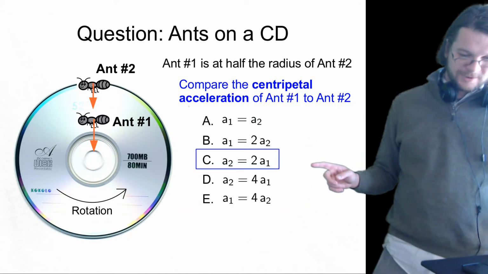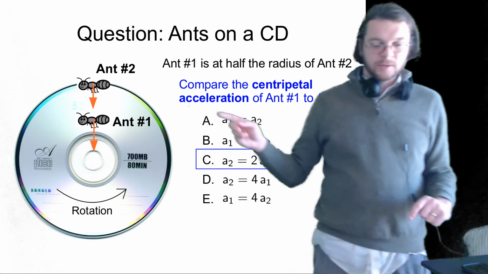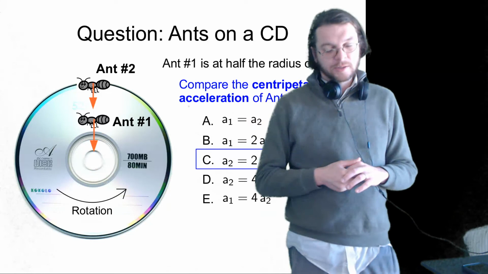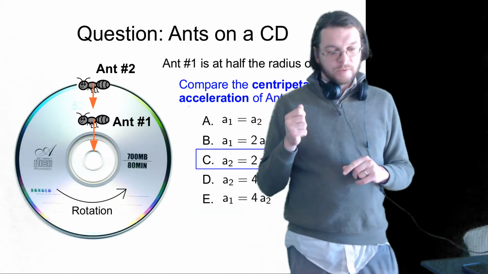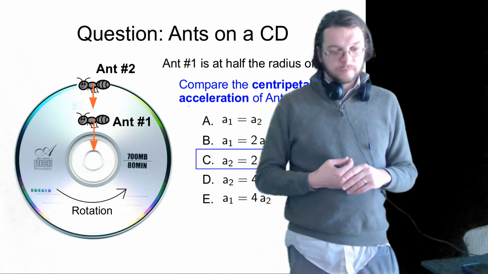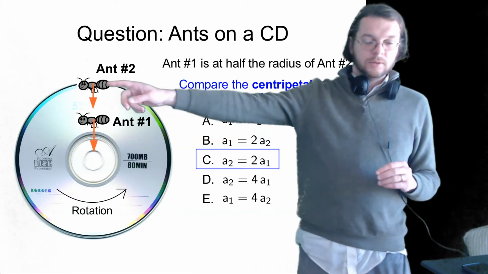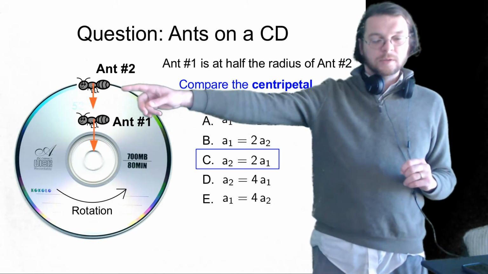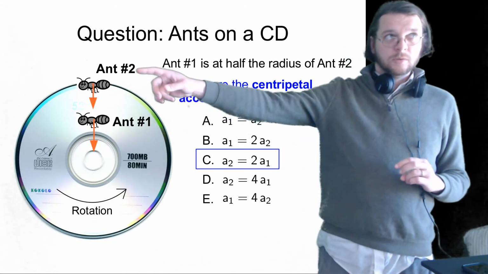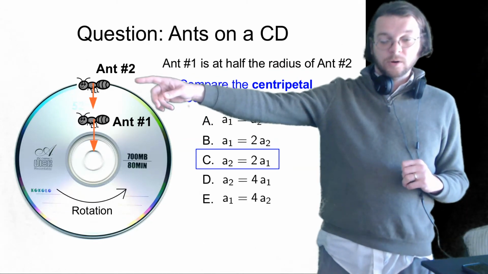Minute's up. Here's the answer. Ant number 2 is actually experiencing twice as much acceleration as ant number 1. Now this is a tricky one because the centripetal acceleration is v squared over r. This ant is traveling twice as fast as this ant, so v squared, if it's twice as fast, gives you a factor of 4.